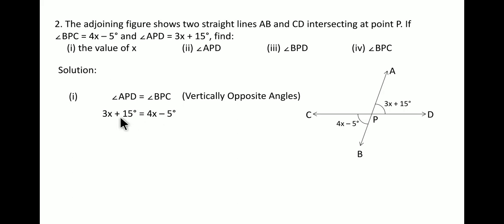Bringing 4x to the left, you will get 3x minus 4x, and bringing 15 to the right, you will get minus 5 minus 15. Simplifying this, we get minus x is equal to minus 20. This means x is equal to 20 degrees. So the value of x is 20 degrees.